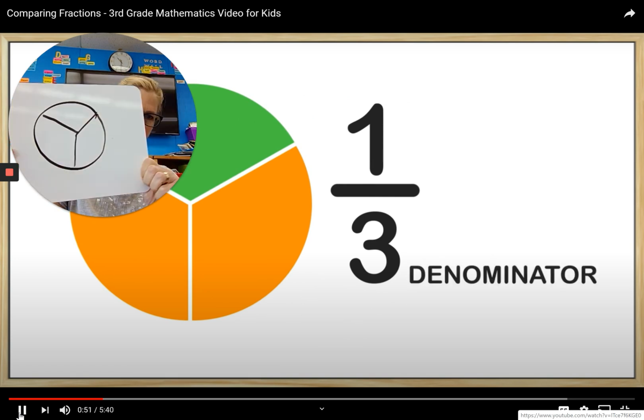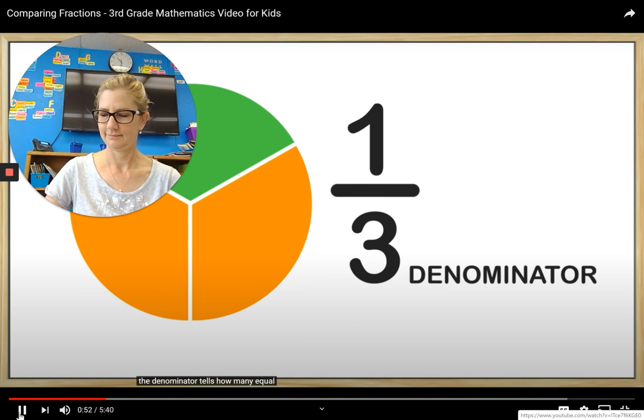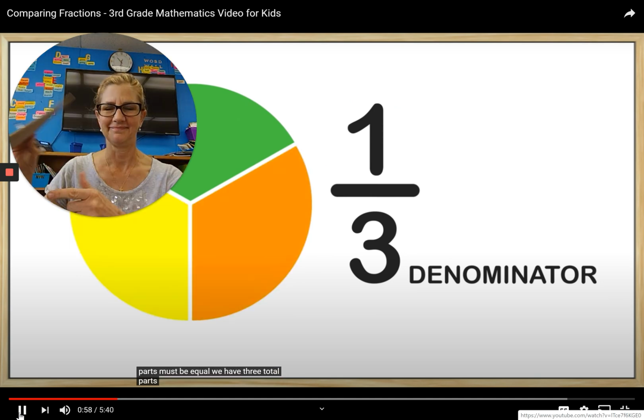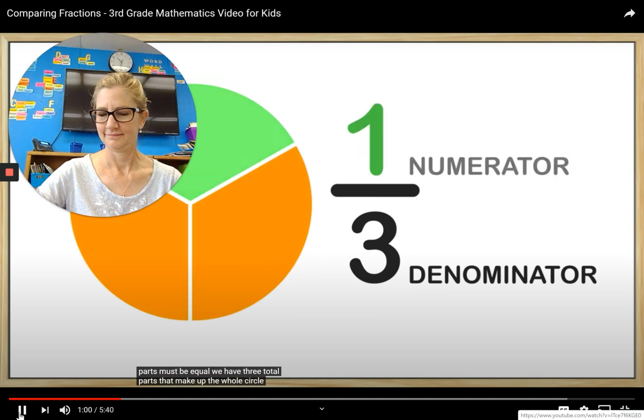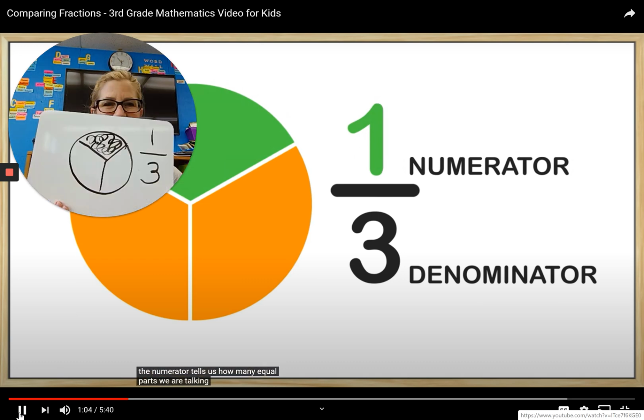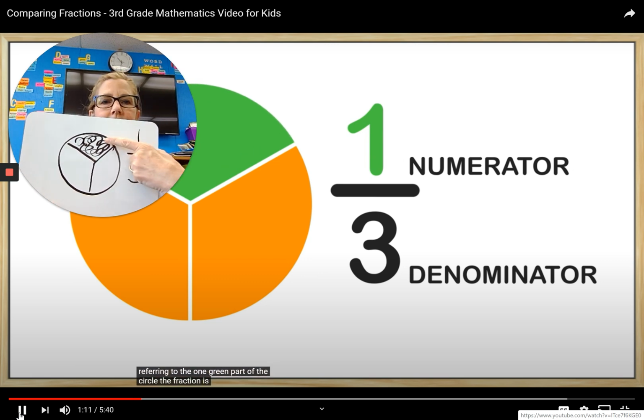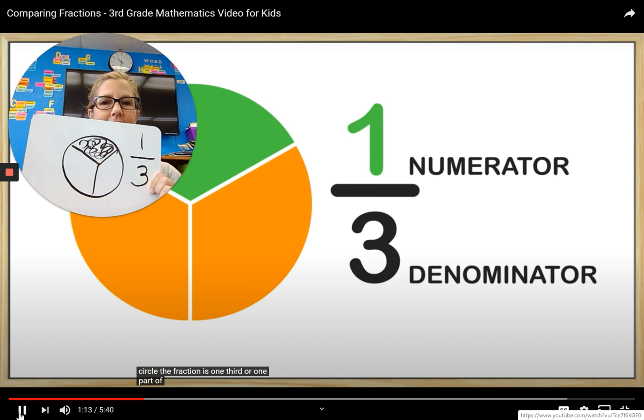The denominator tells how many equal parts there are. To be a fraction, all parts must be equal. We have 3 total parts that make up the whole circle. The numerator tells us how many equal parts we are talking about. For example, the number 1 in the numerator is referring to the one green part of the circle. The fraction is 1/3, or one part of the 3 equal parts.